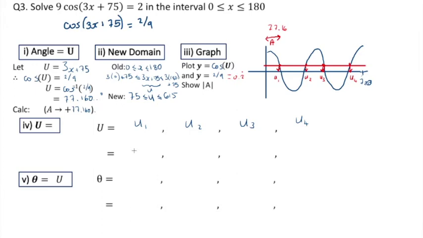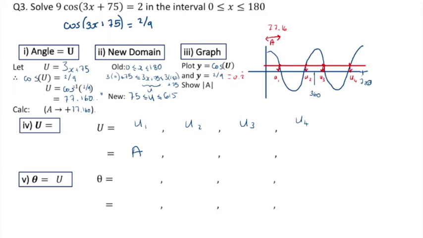We'll keep it in for now because we don't want to lose any solutions. Right, so u1 is just a, we can see that from the graph. u2 using symmetry, well, I know this here is 360. And I know that if I come back from my peak, then I've got an a value just here.